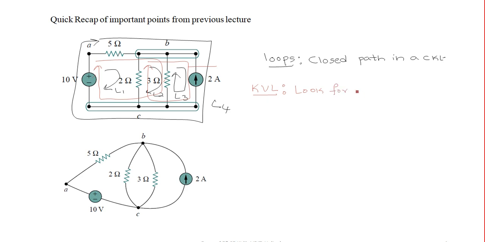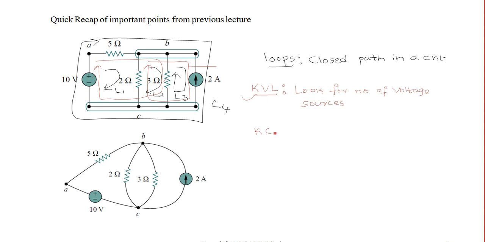look for the number of voltage sources. It is basically a very small trick you need to use. It is not a rule. You can apply KCL as well, but in a circuit, if you find that there are more voltage sources, then it will be better to apply KVL.